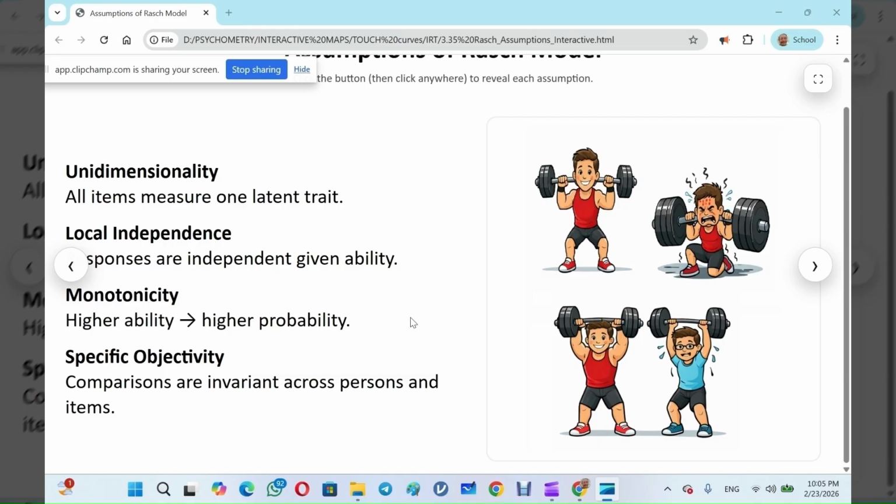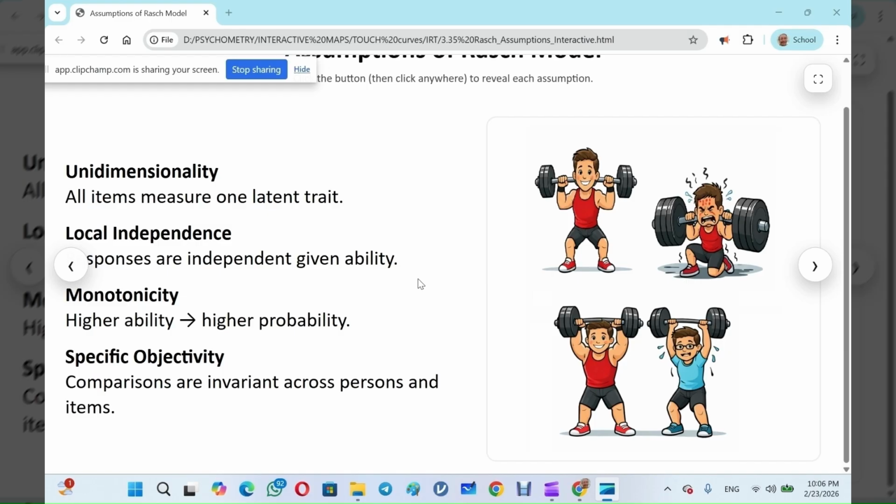What does that mean? What it means here is that if we have a test and that test was found to fit the Rasch model, then this means that this test has met the underlying assumptions of the Rasch model.